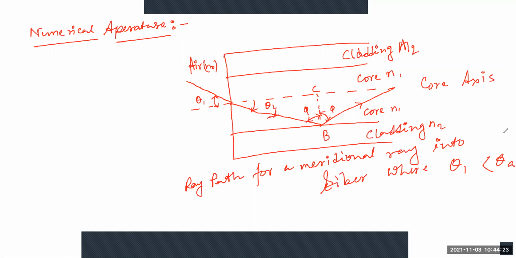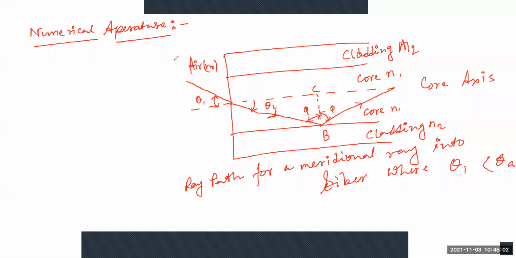So here you can see a light ray, the incident ray on the fiber core at angle phi 1 to the fiber axis, which is less than the acceptance angle for the fiber, that is phi a, and this ray enters the fiber from a medium.